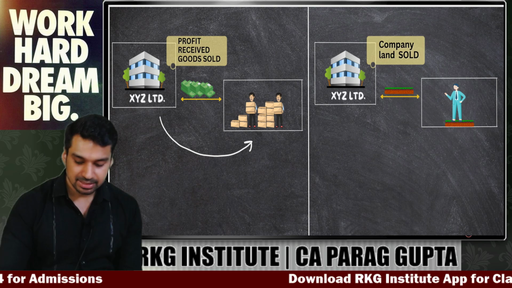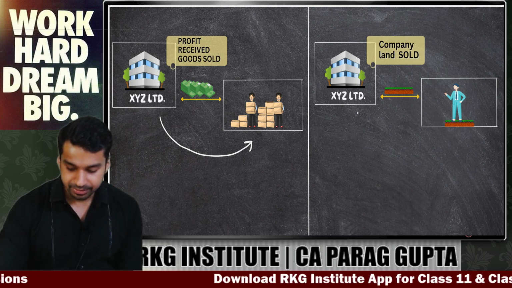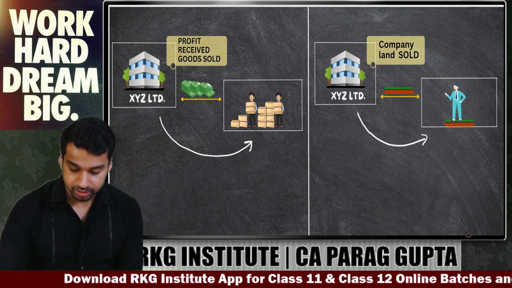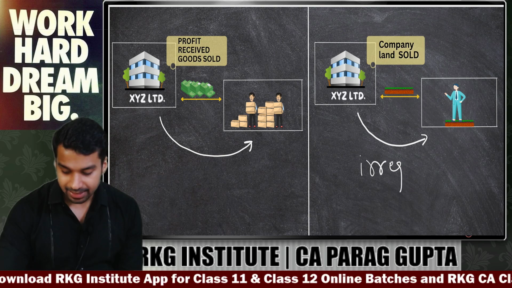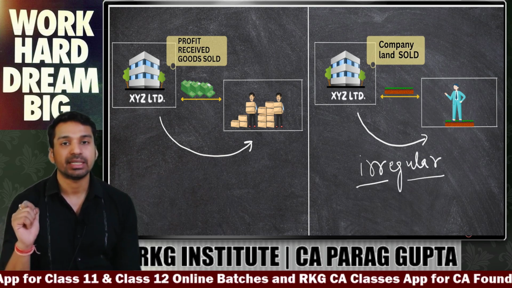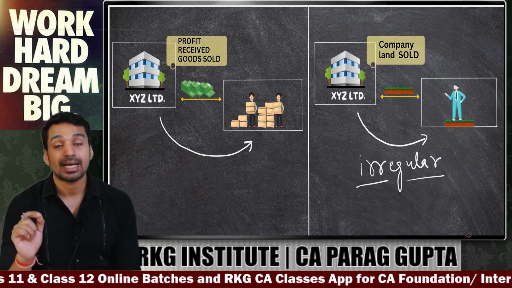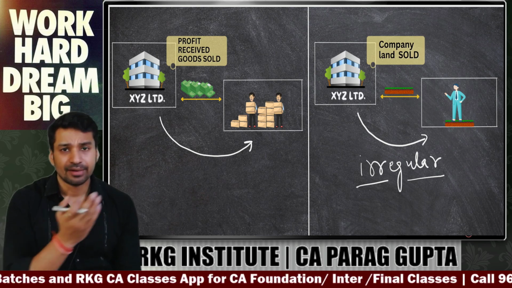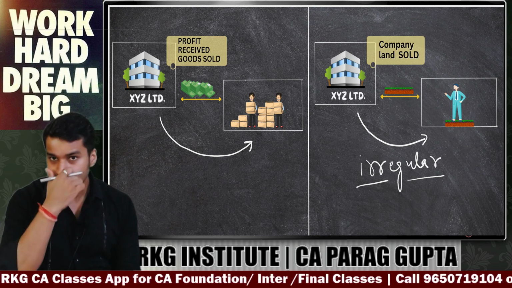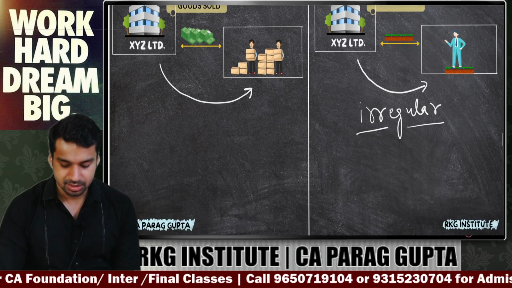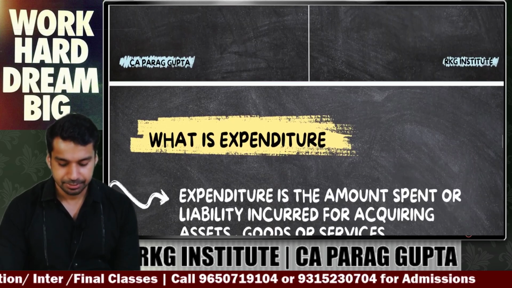But if you sell your land or some machine, which is very irregular because you don't sell your land regularly, then the money you receive will be considered a capital receipt due to its nature. So focus on the nature. If it's a regular activity, it's revenue, and if it's an irregular activity, then it's capital. So this is revenue receipt and capital receipt.